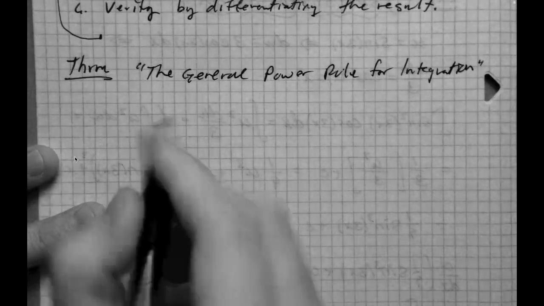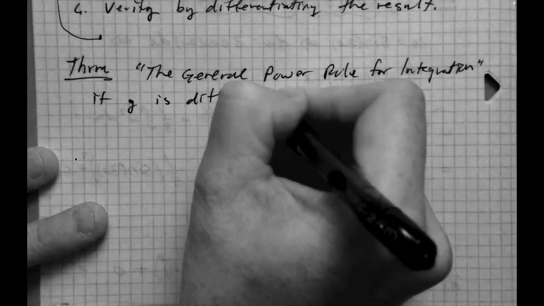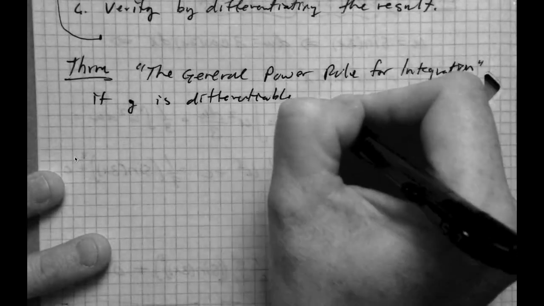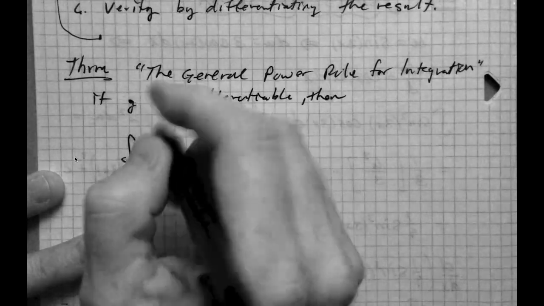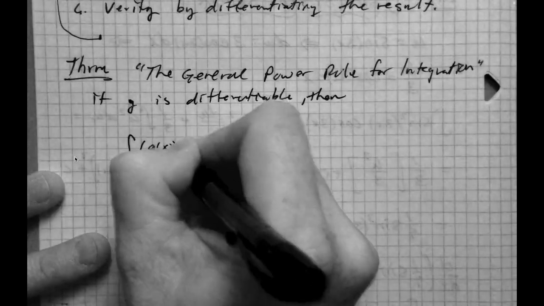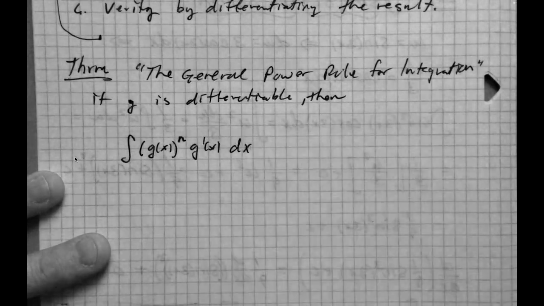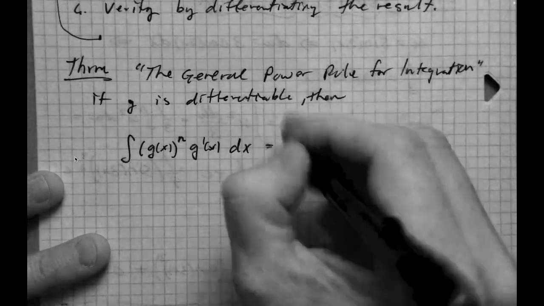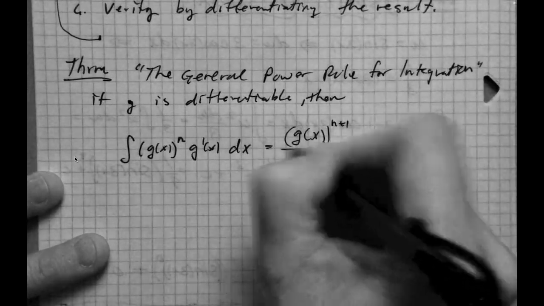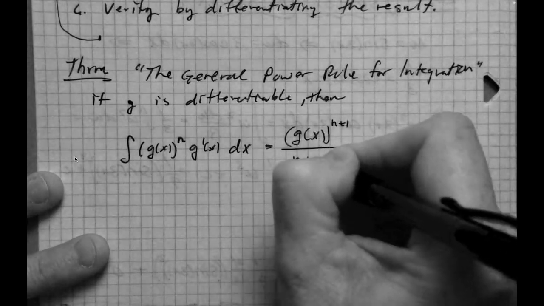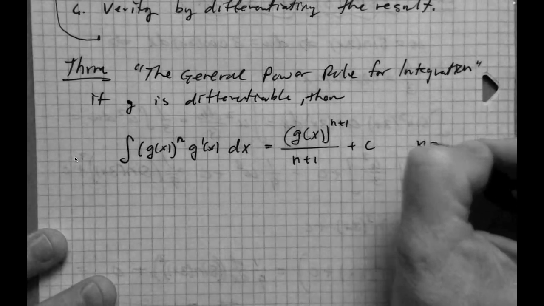Okay, if g is differentiable, then the integral of g of x to the nth power times g prime of x dx is equal to g of x to the n plus 1 over n plus 1 plus c. Okay, of course here n is not equal to negative 1.